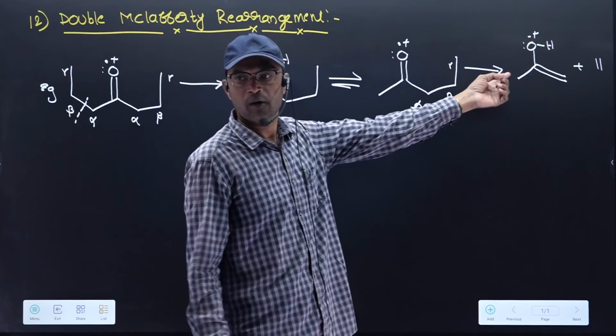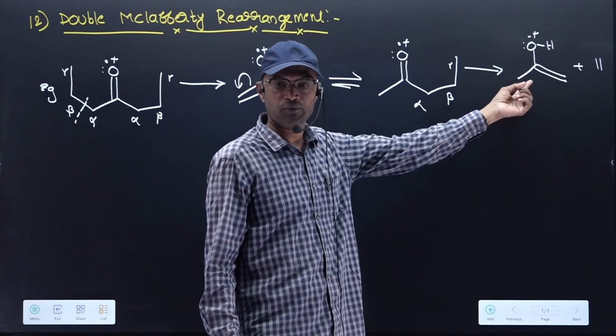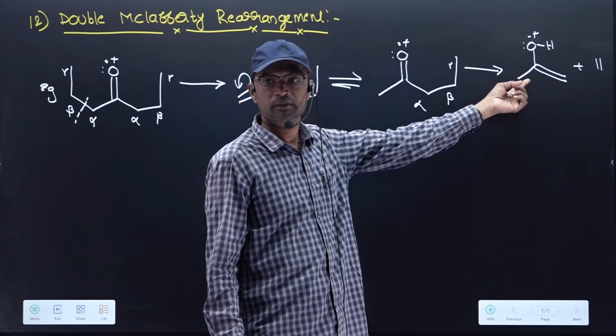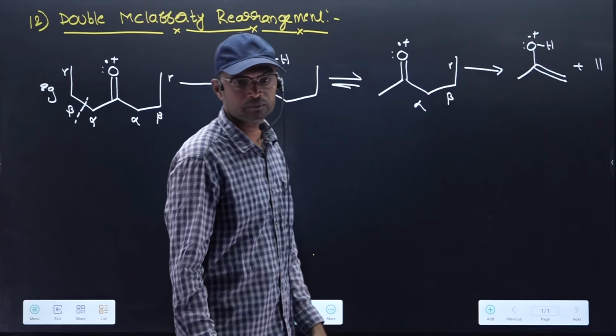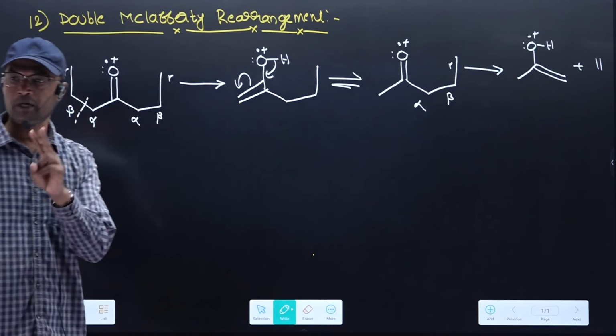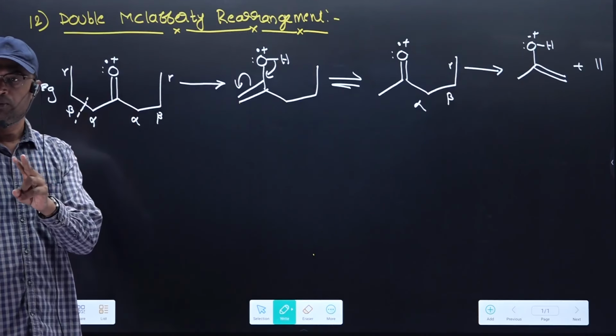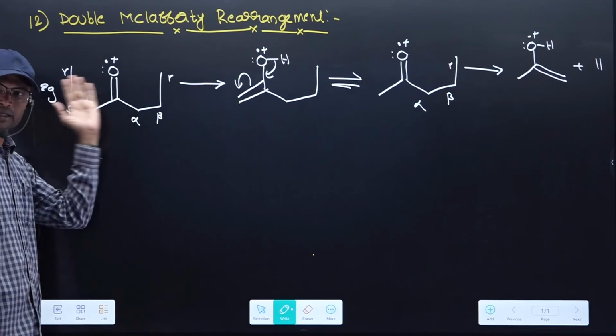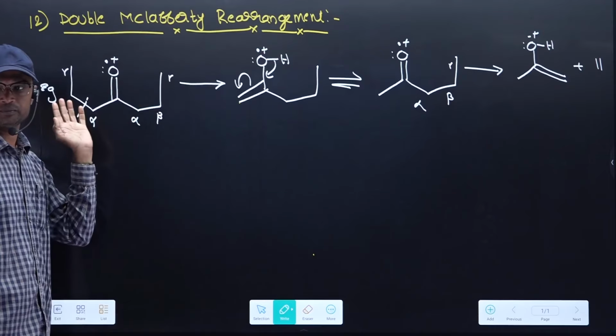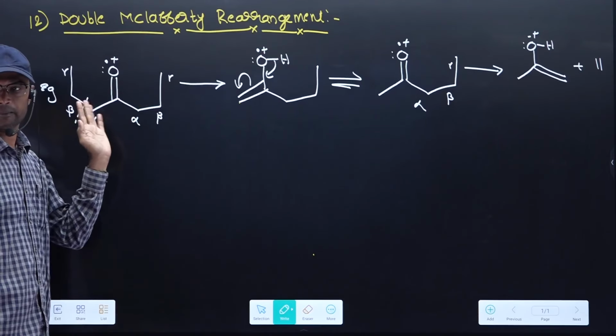M by Z value? 54 or 58? 58. Suppose if there is no methyl, 44. When you do two times McLafferty in one molecule, that is called double McLafferty. See, left side is also possible, right side is also possible. Step by step process. Clear?